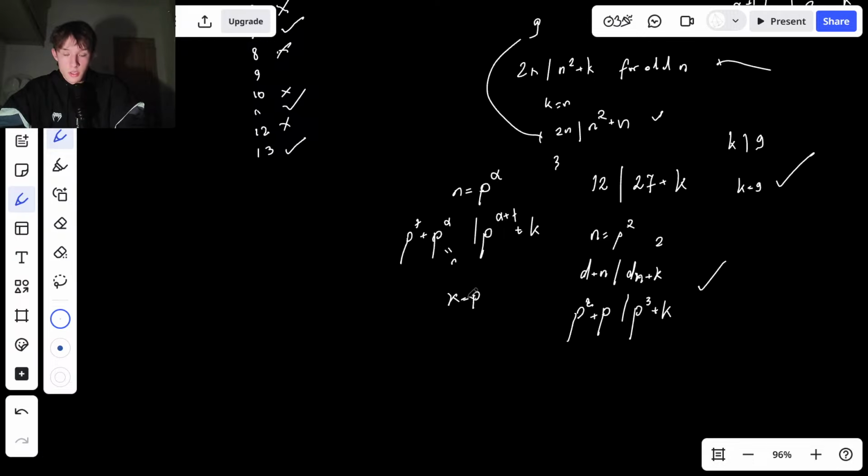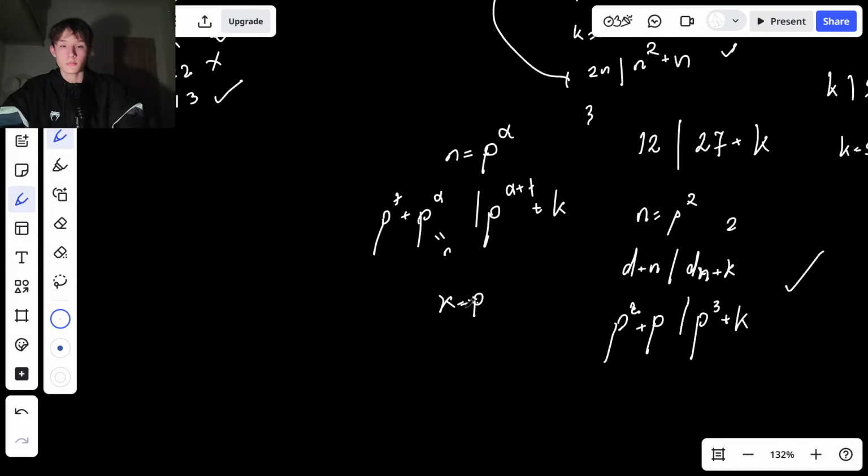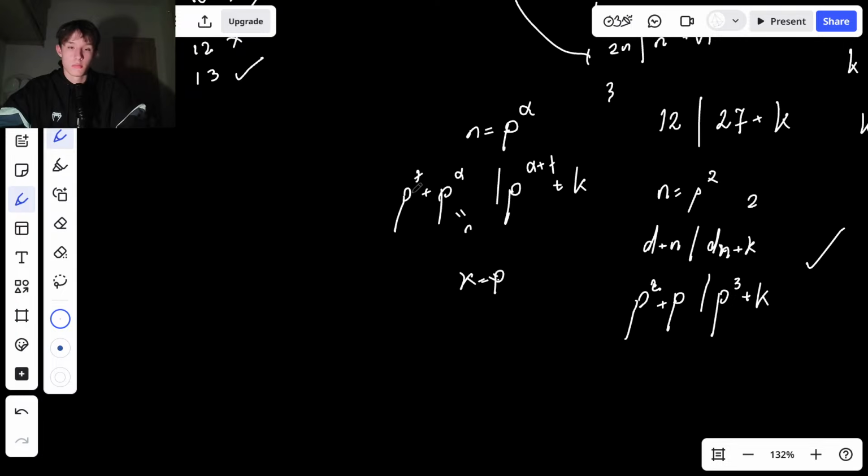So if n equals p to the power of alpha, for example, if I take, okay, wait, so it's not always possible, right? P to the power of 2 alpha, so I know that t is less than or equal to alpha, and k is also p to the power of m, where m is less than alpha.